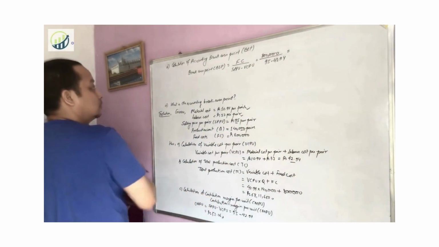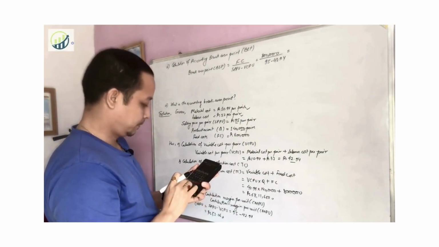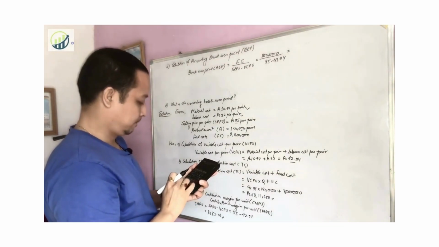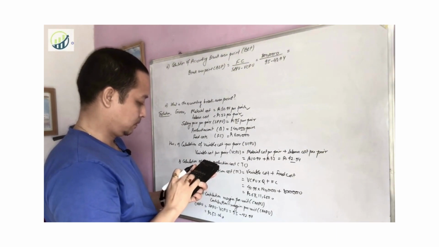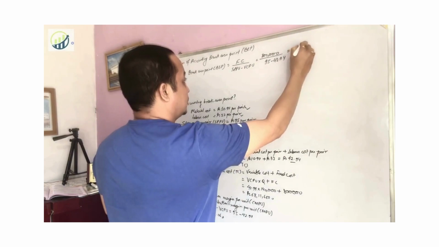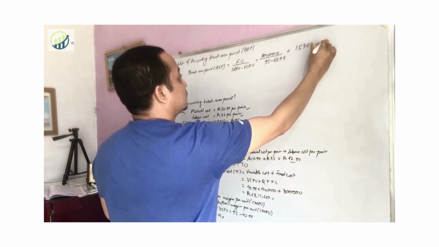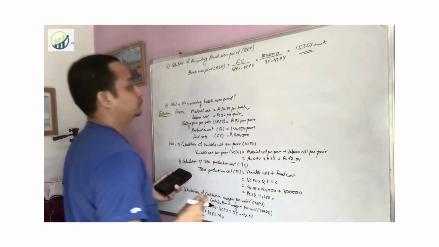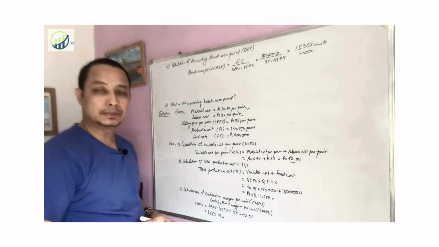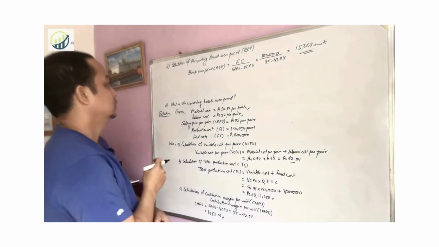So your break-even point is 8 lakh divided by that, which is 15,367 units. So this is your break-even point. At this break-even point there is neither profit nor loss. So in this way you have to solve this problem.